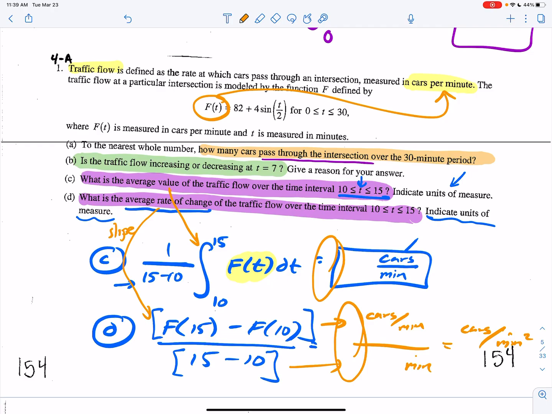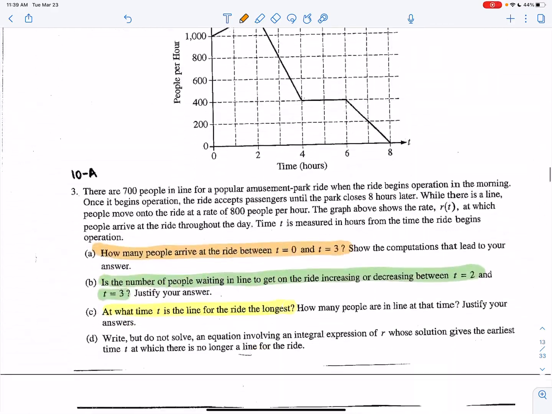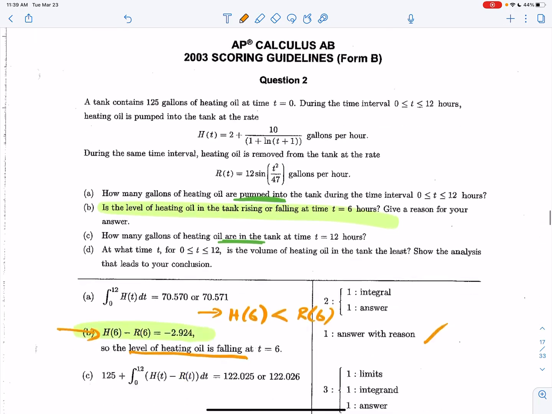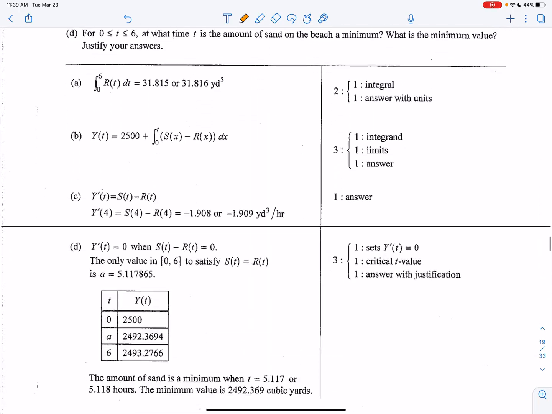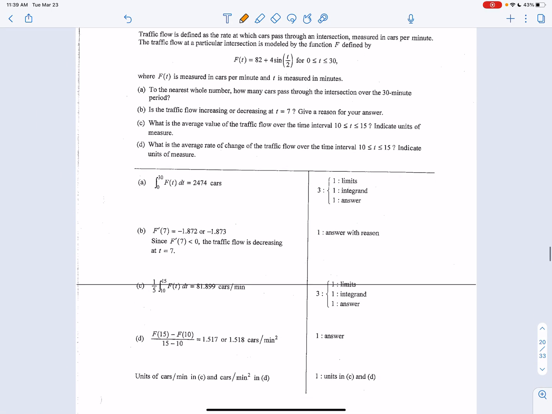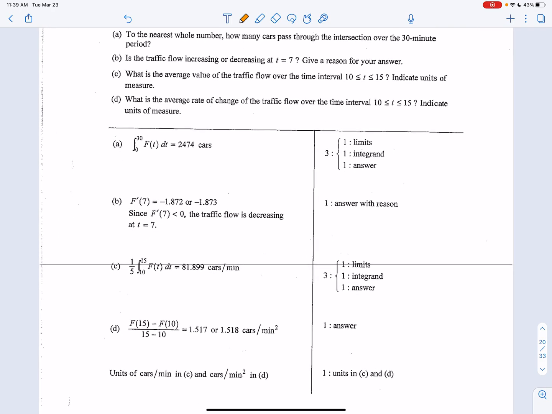Okay, but take a look at this here, and I think this is where it's really gonna hit most students. 2004, let me find it. Did I skip it? Okay, here we go. Traffic flow. Take a look at these points here. It is ridiculous, all right?